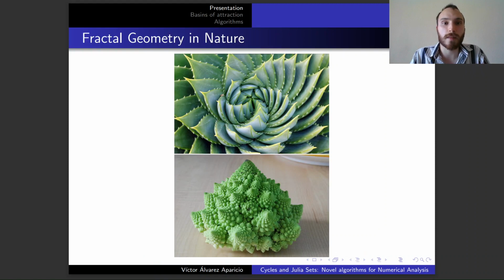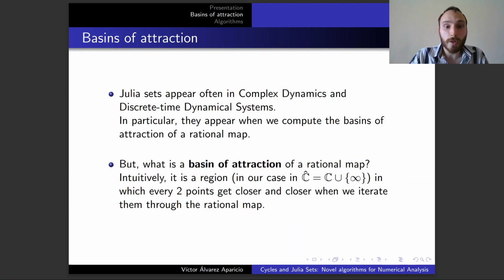While Julia sets might seem a bit abstract at first, the fractal structure they present allows us to study and better explain many phenomena that occur in nature, as you can see in these two examples. They actually appear frequently in a lot of problems related to complex dynamics and discrete time dynamical systems.